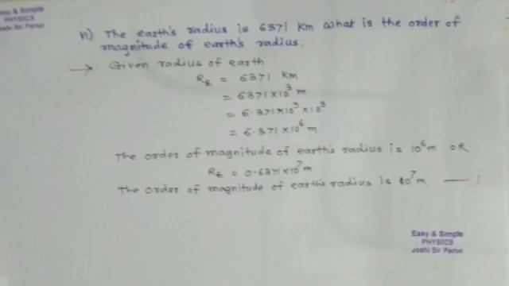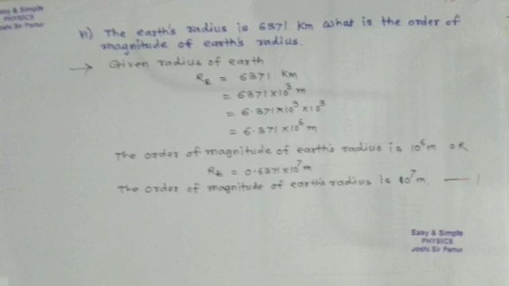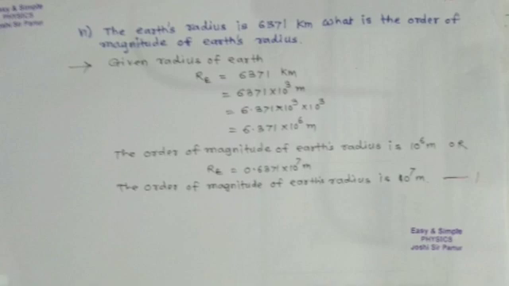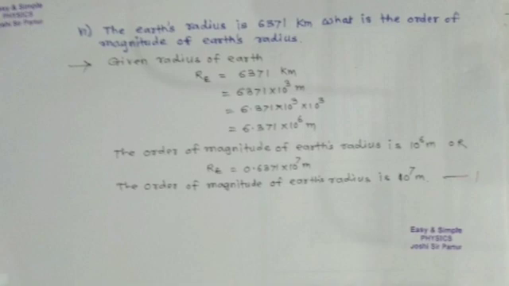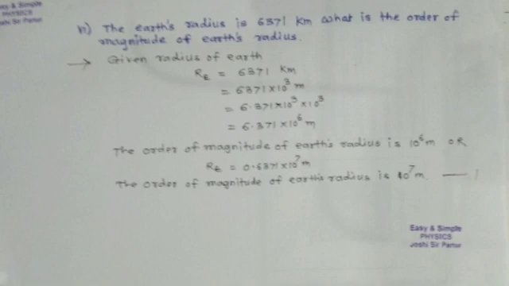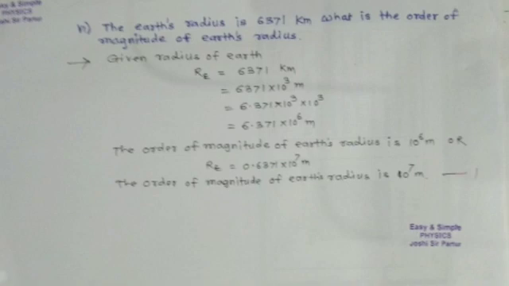Question 6 is also a numerical. The Earth's radius is 6371 km. What is the order of magnitude of Earth's radius? Answer: given the radius of Earth is 6371 kilometer, means 6371 into 10 raised to 3 meter, means 6.371 into 10 raised to 3 multiplied by 10 raised to 3 becomes 10 raised to 6.